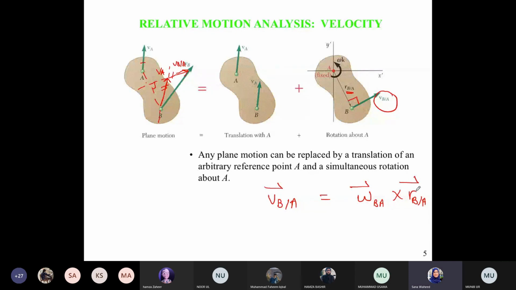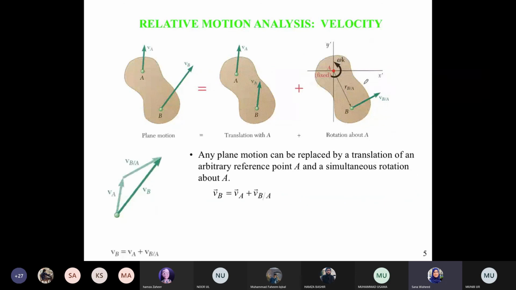right? So either way you like to think about it, either in the vector way या फिर just कि physically rotation का क्या मतलब है. We know that the relative velocity is going to be perpendicular to this RB by A. Great. Okay. So with that, let's jot all of this, reinforce this and write this down again. So as we've just discussed that VB is just the sum of the translation and the rotation.